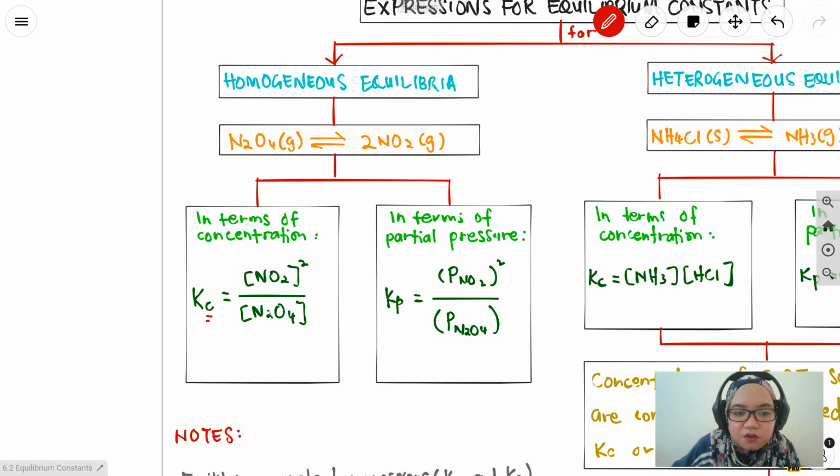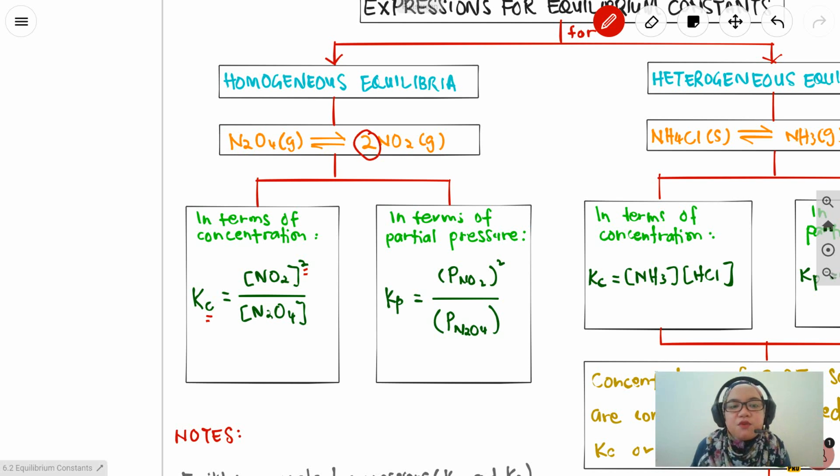The concentration of NO2, since there is a 2 here, we put the power of 2, over the concentration of reactant N2O4, since it has no coefficient in front, there is nothing extra. So that's it for the Kc for this chemical equation. Kc equals the concentration of NO2 to the power of 2 over the concentration of N2O4.